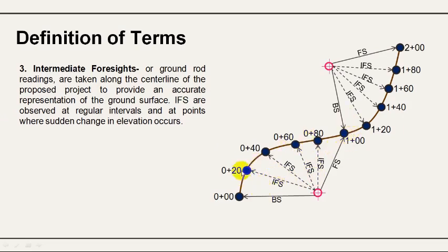In this case, our intermediate foresights are at station 0 plus 20, 0 plus 40, 0 plus 60, and 0 plus 80. In the second setup, our intermediate foresights are 1 plus 20, or 120 meters from the starting point, 1 plus 40, 1 plus 60, and 1 plus 80.